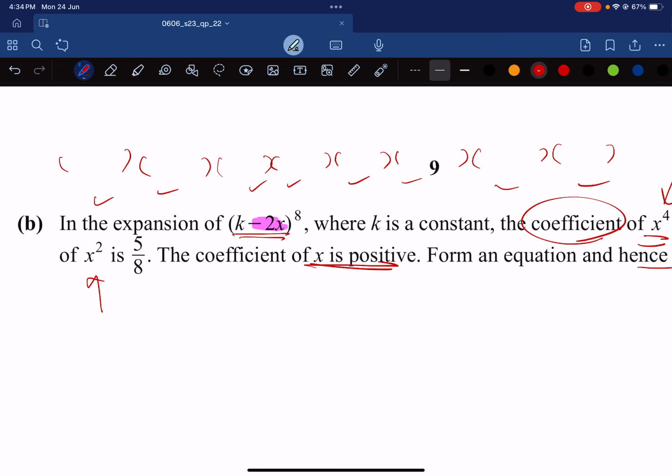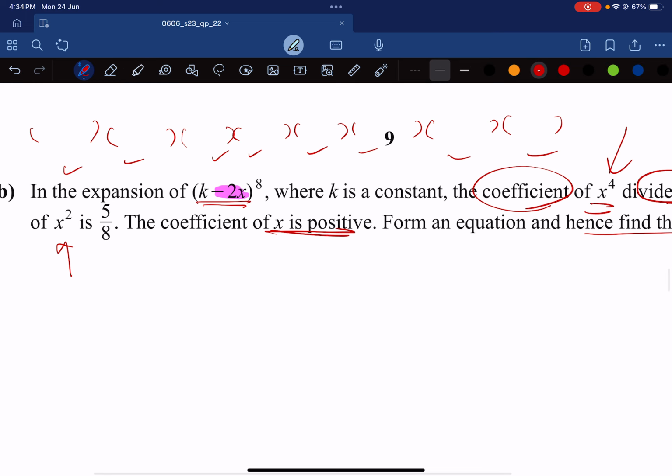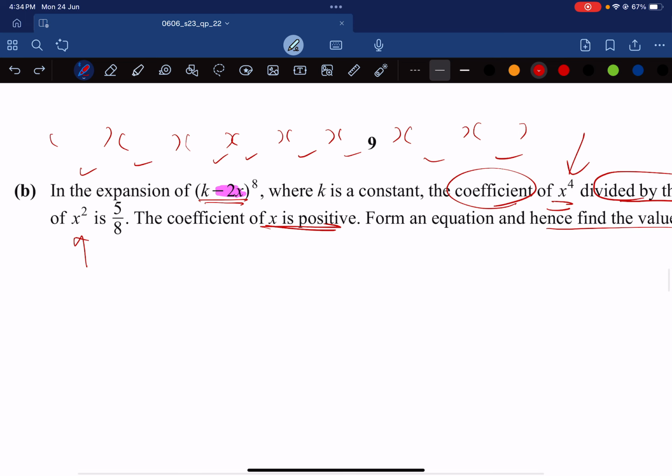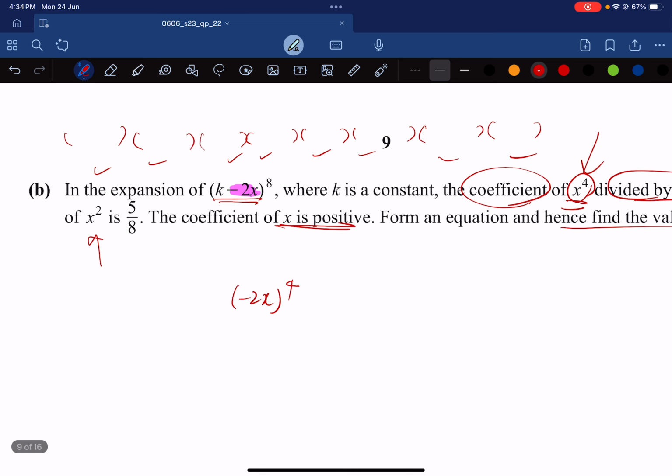Only the second term will contribute to the power of x, because the first term doesn't contain any x. So to get x to the power 4, it is the second term 4 times. Out of 8 brackets I take 4, and for the remaining 4 brackets I take k. How many ways of doing this? It is 8 choose 4.